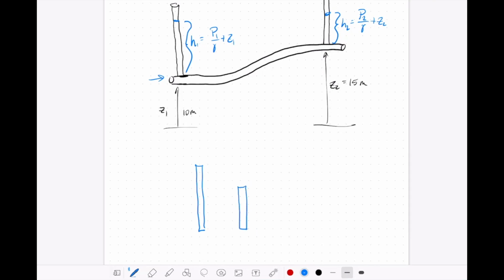The difference between these two is, in this problem, due to our friction losses.